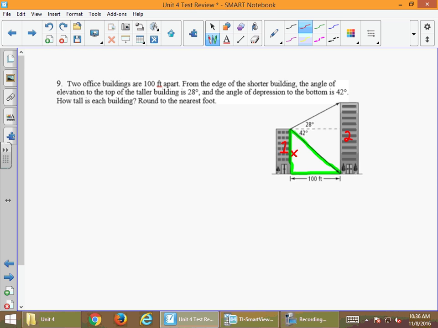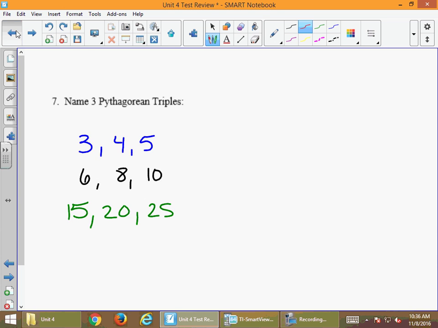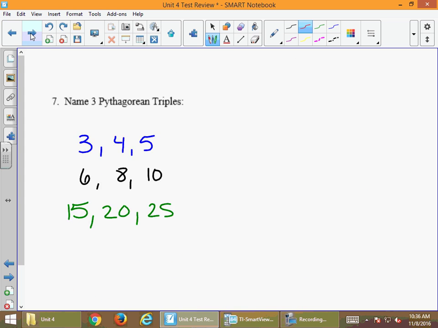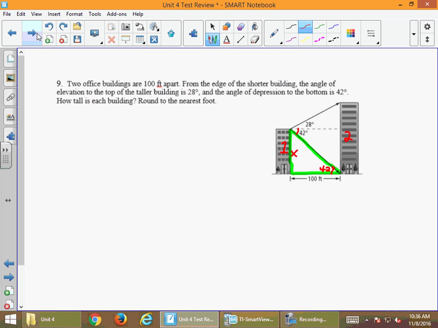So whatever this angle is right here, it is also this angle down there. So this is also 42 degrees. Well, now I have all the information I need to solve, at least for Tower 1 right now. So we're going to do exactly what we did back up there. Find the start of your angle, label your sides, figure out which one you need to use. So again, I'm going to have that SOHCAHTOA at the top of my page. SOHCAHTOA.